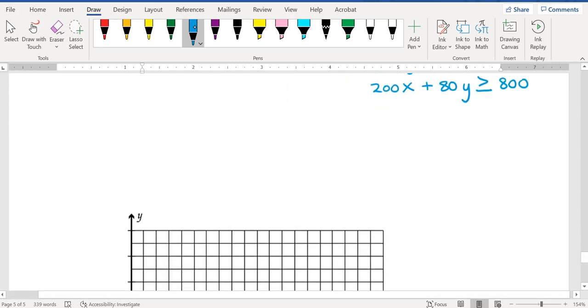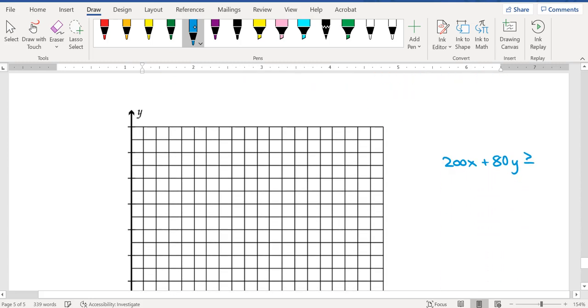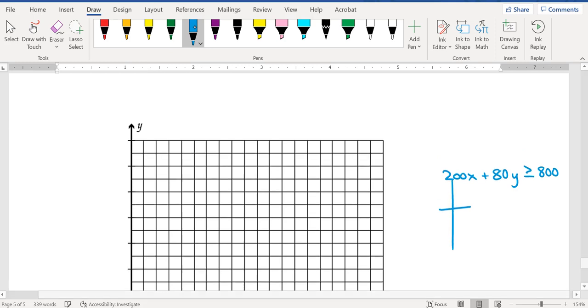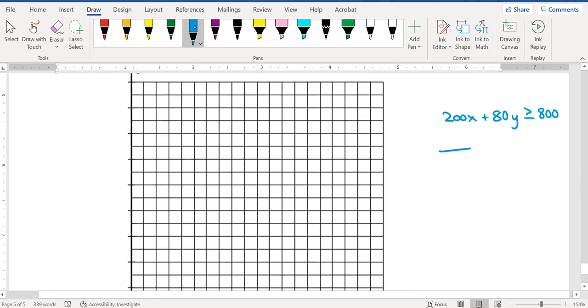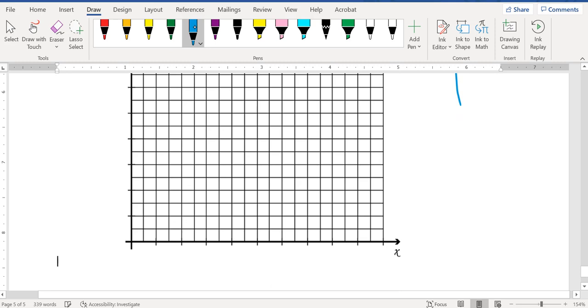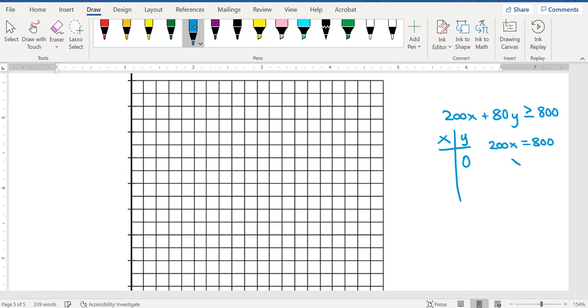So 200x plus 80y has to be greater than or equal to 800. If I graph intercepts, x and y: if y is 0, I get 200x equals 800, so x is 4.